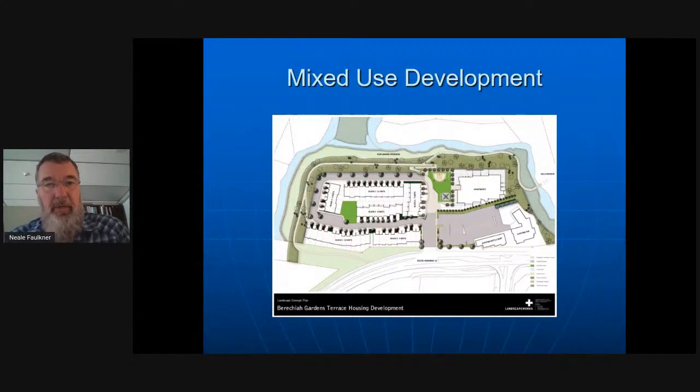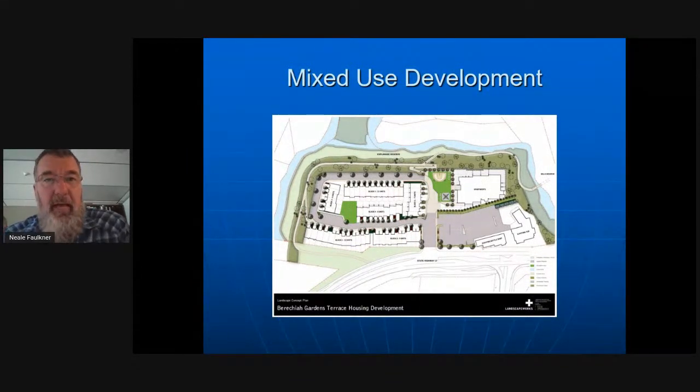But in this example, we're going to do it as a layered development. So that's our overall. You can see there's access in from State Highway 17. That's obviously going to be common to everyone. And then upper middle, you can see a basketball court and common area. That's going to be common to the apartments and the townhouses, but of course the bottle store and the pub have nothing to do with it.